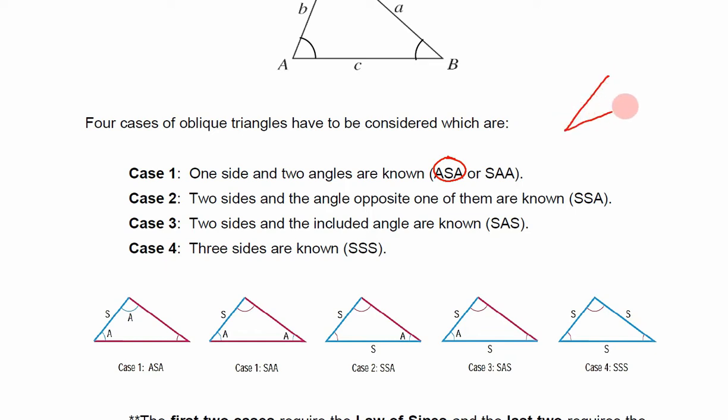If we have a triangle, we will know this angle, one side, and then this angle. So we have two angles, and here is the side.